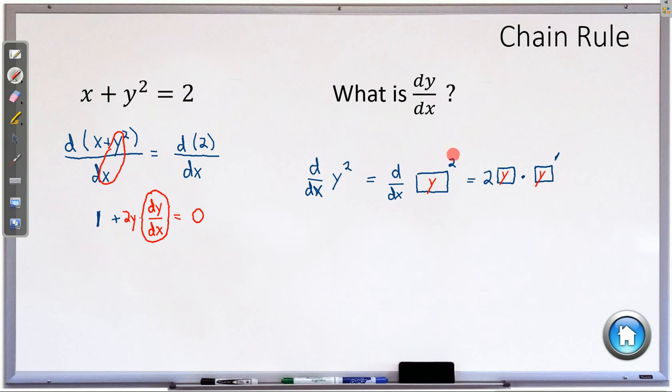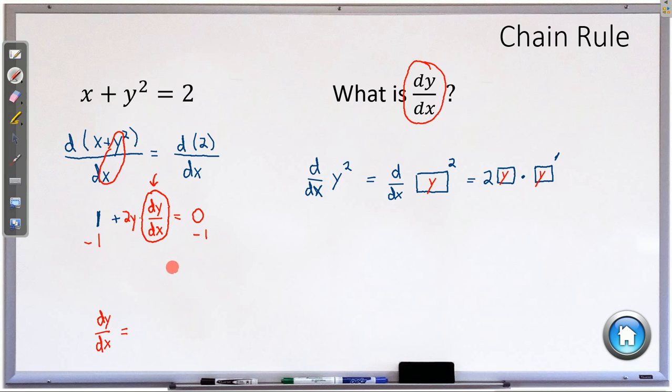Now let's go back to what our question is. Our question is, what is dy dx? What is the derivative? Well, that means I have to get this by itself. I want to know, what does dy over dx equal? Well, that's not going to be too hard. This is a fairly simple equation. To get that by itself, a little bit of algebraic manipulation.